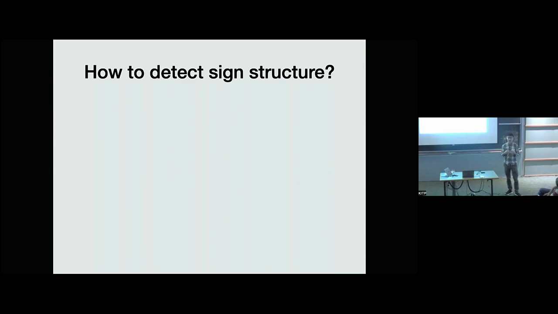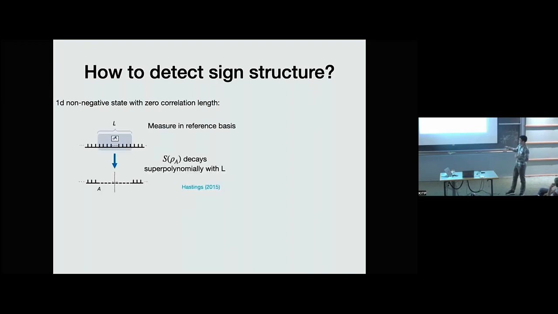Or even the lack thereof. It turns out that for one-dimensional non-negative or sign-free states with zero correlation length, Hastings has a very nice proposal for how to detect the sign-free nature. What he suggested was basically to take the wave function, then measure pretty much the bulk of the wave function in the basis in which this state is non-negative, say the computational basis.